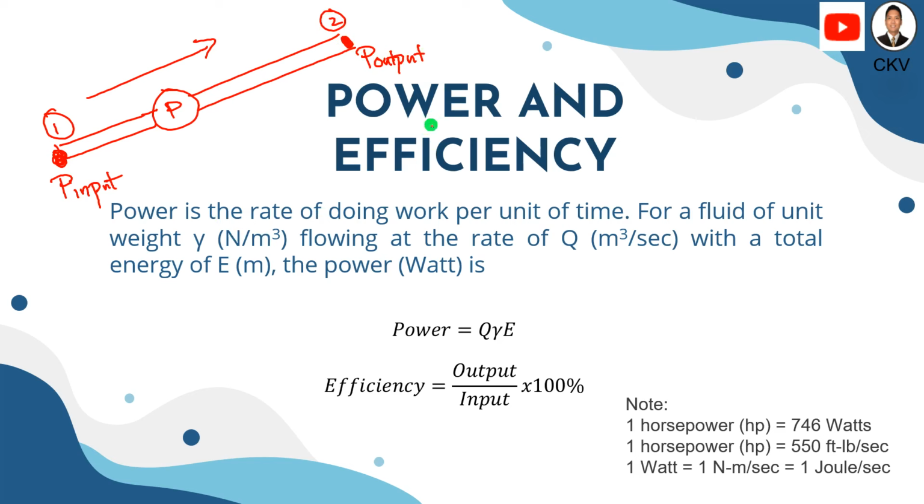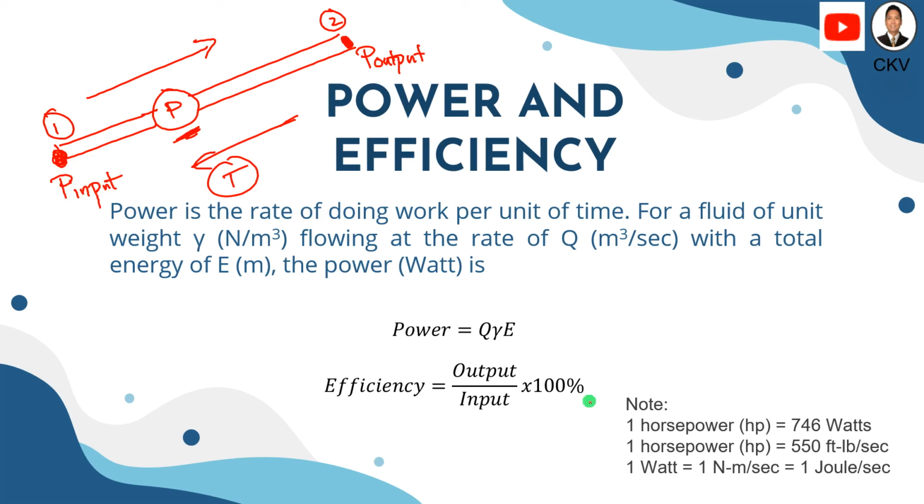So we will be able to compute how efficient it is. Usually we compute the efficiency of the pump, or if the flow is going down, we use turbine. So we can compute the efficiency of that installed pump or turbine when we compute the power at the input and power at the output.